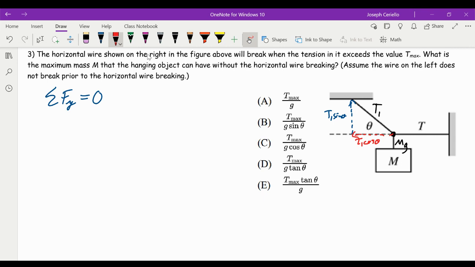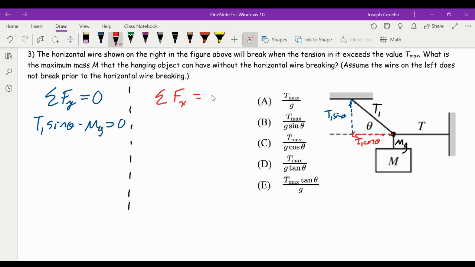In the y direction, we have two forces. We have T1 sine theta minus mg equals 0. I'll leave that right now. I don't know how much I can do with that. Let's go in the x direction, because I don't really know what I'm going to end up solving for. But if you notice, we don't have any m's in our answer choices, so something tells me we're not going to have m in our answer.